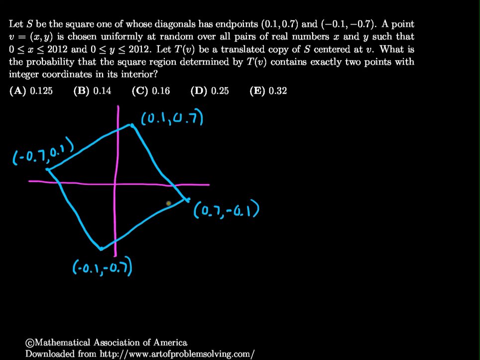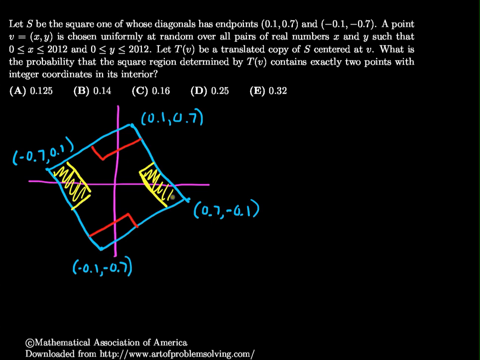If I want two points in there, I can either have one of the points fall in this area and the other one in this area, where the distance between the points horizontally is 1, and I'll explain more why it has to look like that shortly. Or I can have one of the points fall in this region and the other one in this region.